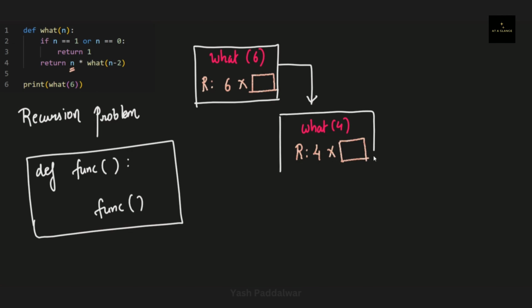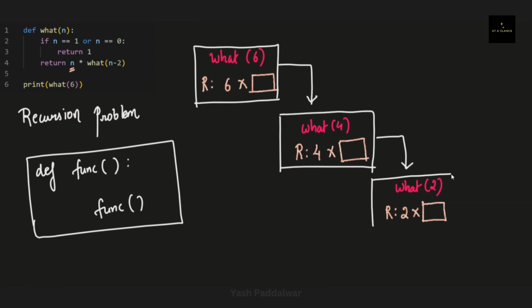You can see that what of 6 is calling the function what of 4, and what of 4 will call now the function what of 4 minus 2, which is what 2. Now since again the function what is called, we need to jump into the function definition. So you can see that we need to first check the if condition. If n equals 1 or 0, it will execute as return 1, but since this doesn't satisfy, then the return statement on line number 4 will be executed, and again you can see that the return value is 2 into again what of n minus 2.